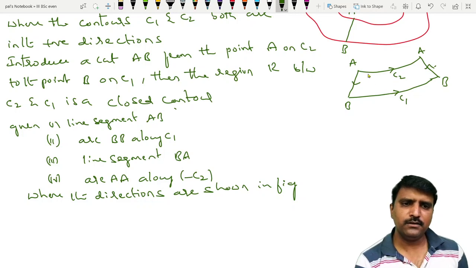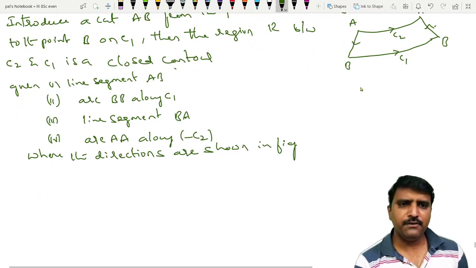This is the direction opposite to the positive direction of C2.